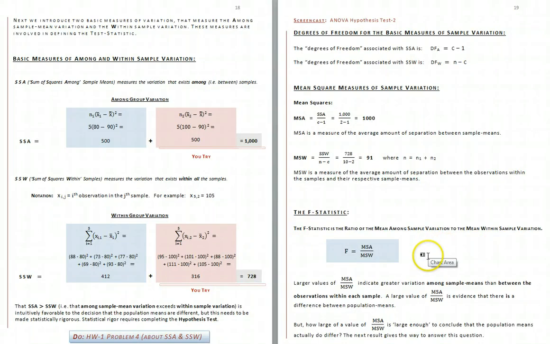We are now in a position to define the test statistic. It is simply MSA over MSW. And as we've discussed, large values of MSA over MSW favor H1. That is, favor that the population means actually differ.